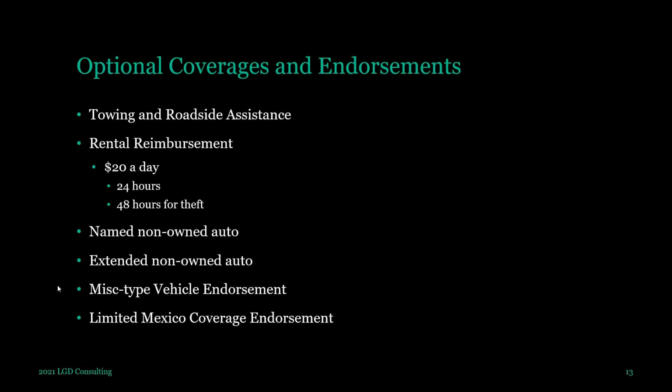It is an auto policy with a miscellaneous type vehicle endorsement. It helps define that this auto policy is covering a motorcycle or a dune buggy or a golf cart or an RV or an ATV, all-terrain vehicle. And so this endorsement just defines the vehicle that we're covering. And that's how you want to understand that. Okay.